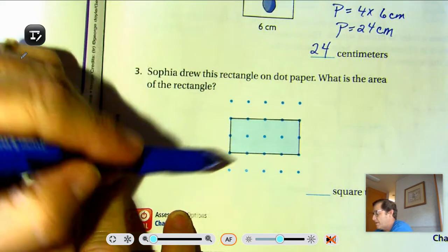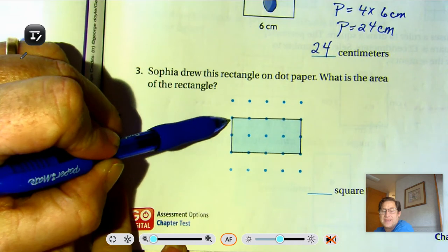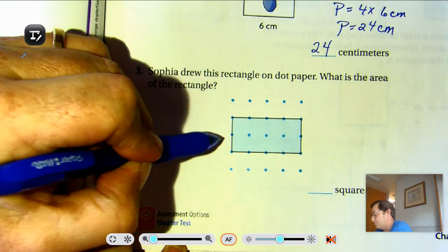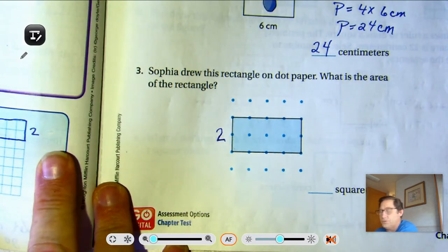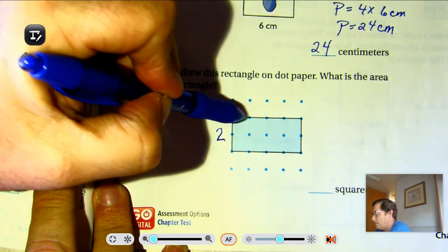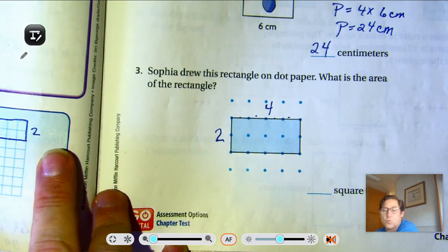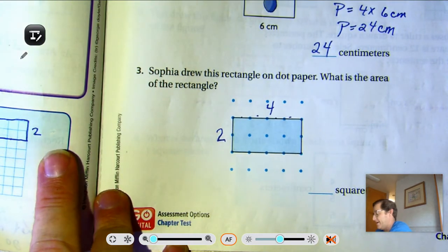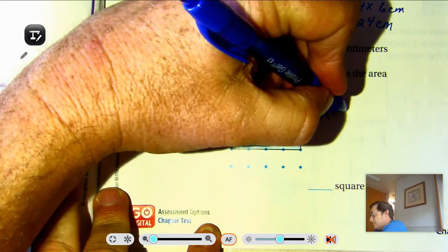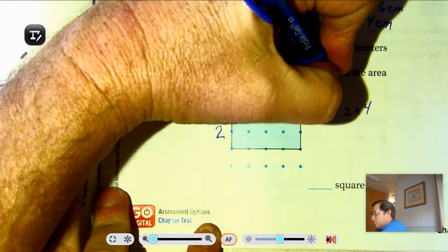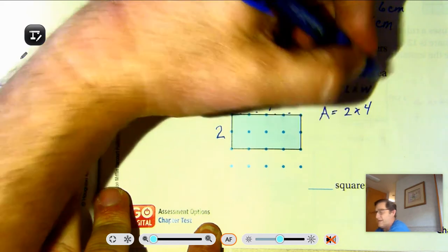All right, so what is the length of this side? Well, there's 1, 2, and it's 1, 2, 3, 4 units wide. So the area is 2 times 4, because area equals length times width.